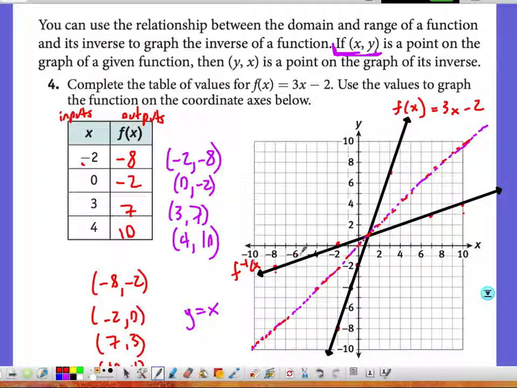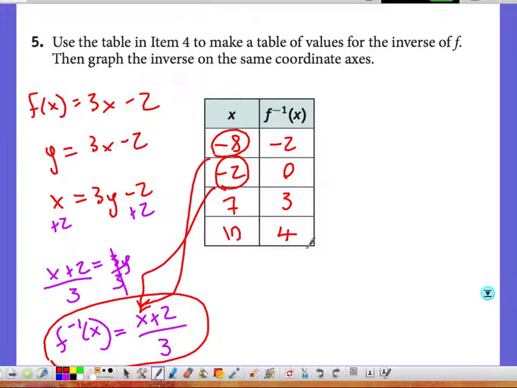As you can see, when this whole graph is reflected across y equals x, it gives you this graph right here. That is exactly how an inverse function is always going to look. It's always going to be reflected across the y equals x dotted line. Let's look at another example.